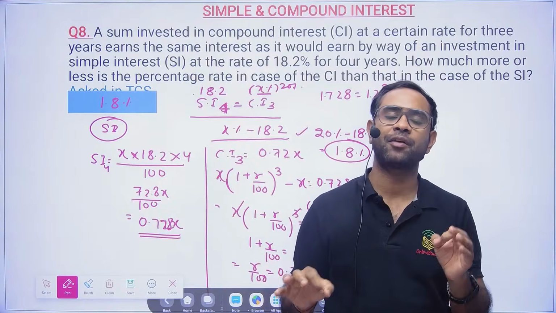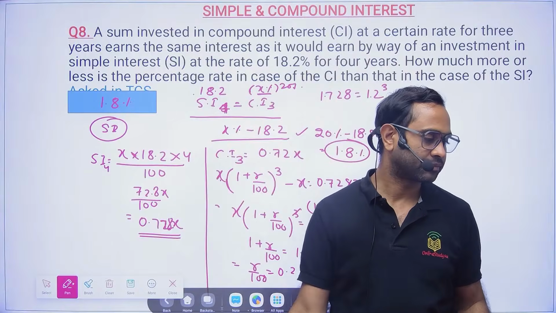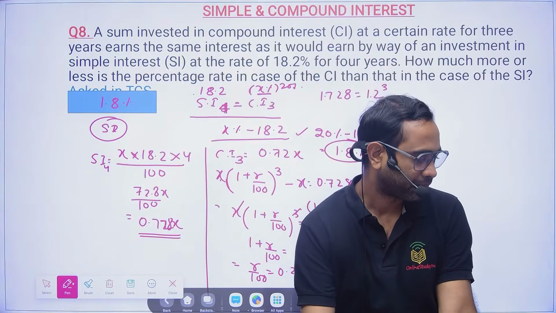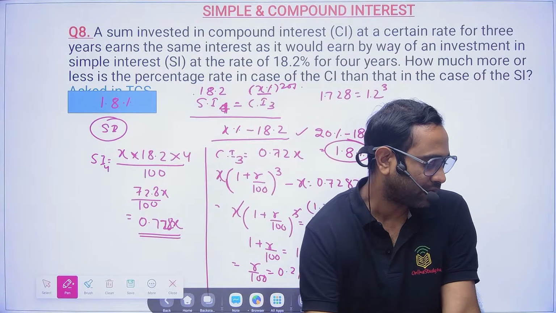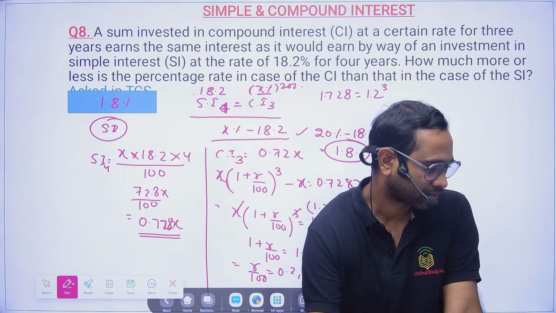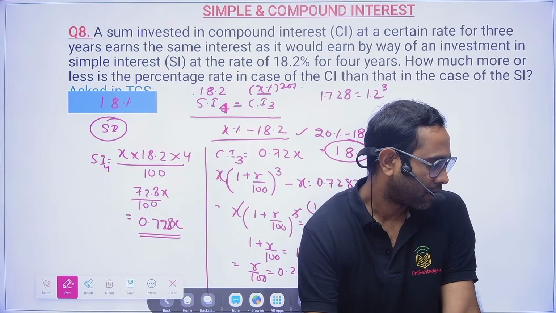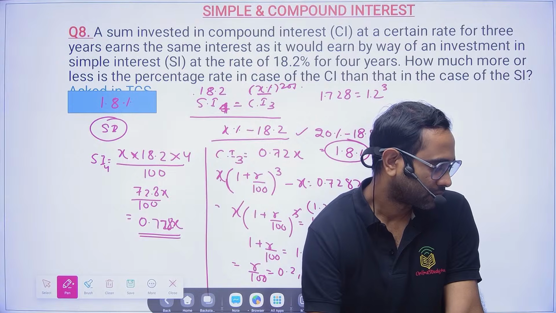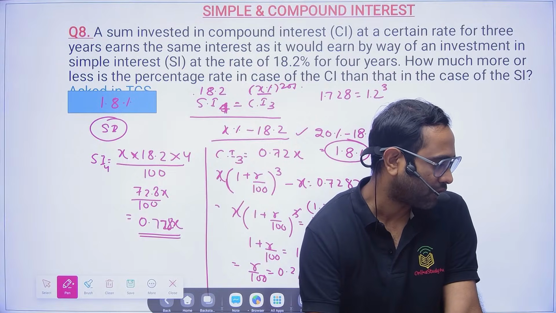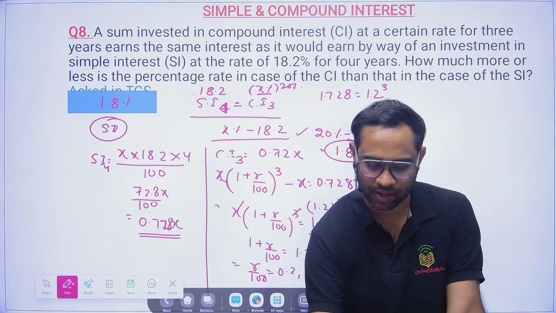In TCS exam, if you do 10 problems out of 20, you are in the safe zone. Right now we just have to solve the questions. If you are solving 10 questions, भैया बहुत है, गर्दा उड़ा के आ जाओगे.